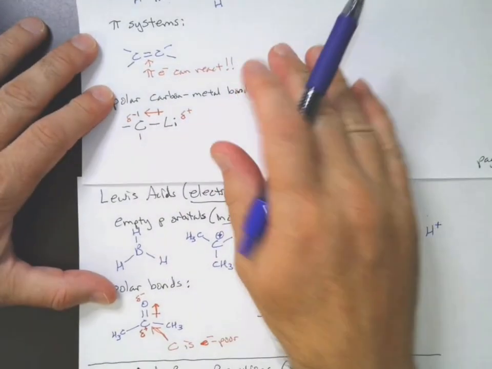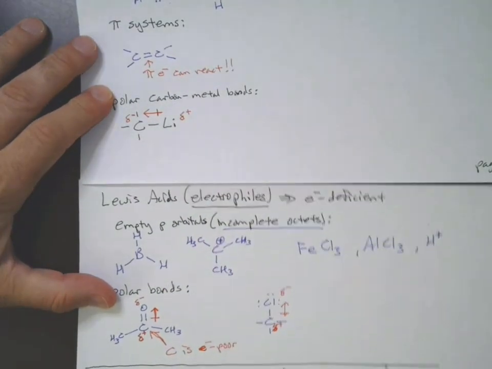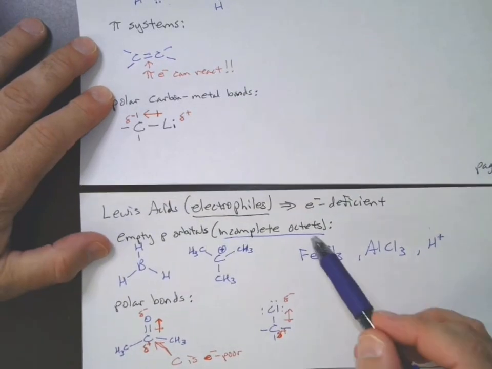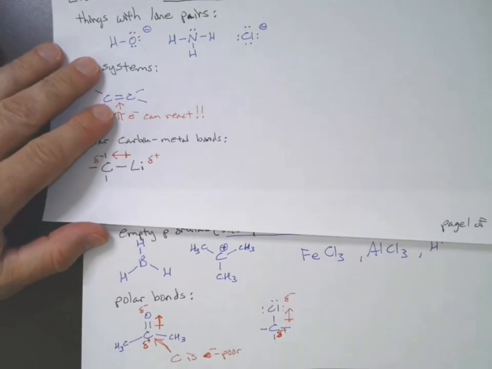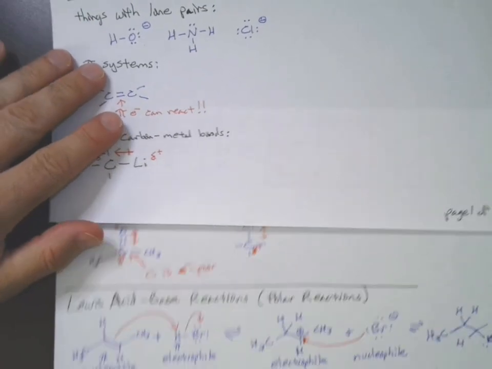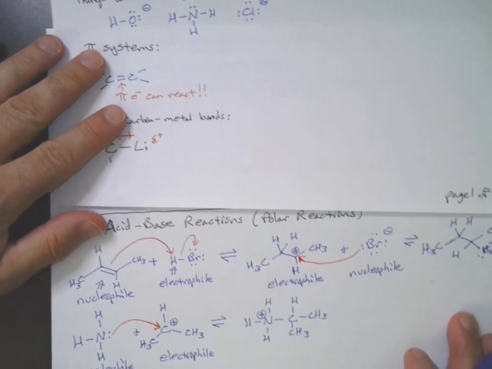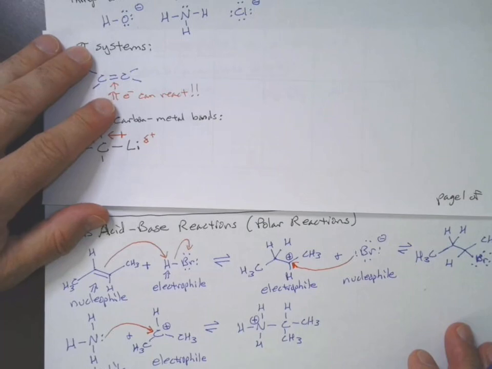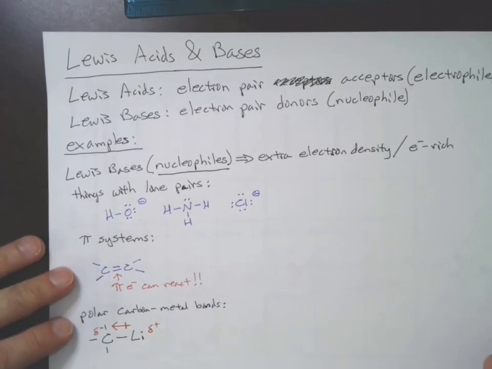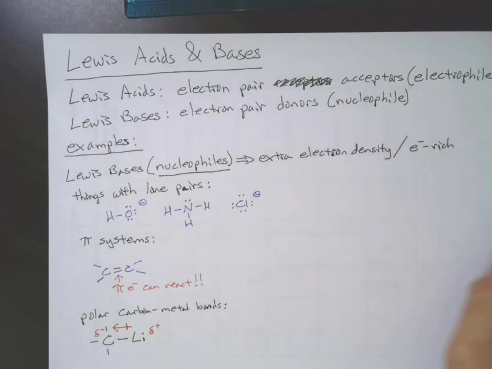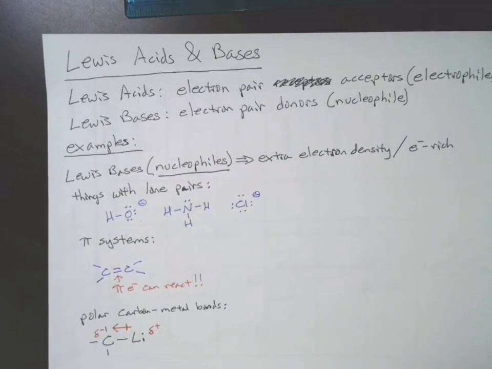So yeah, Lewis bases, look for the extra electron density. Lewis acids, look for electron deficiency. All right. Well, that is about all I'm going to say right now for Lewis acids and bases. We'll go ahead and talk more about Lewis acids and bases, electrophiles and nucleophiles later on in the semester.